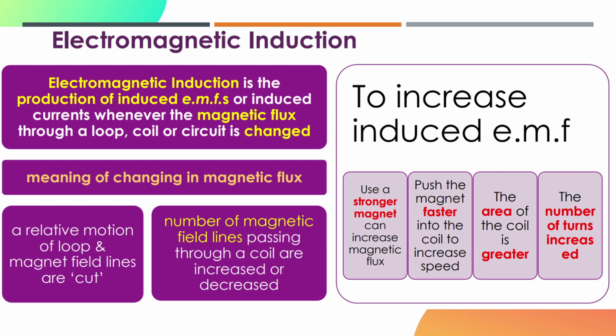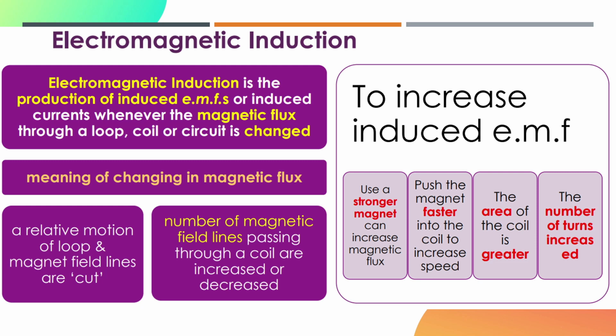Selain pada itu, you must know that the number of magnetic field lines passing through a coil is increased or decreased. So bila ada pergerakan loop tersebut ataupun coil bergerak, there is a different number of magnetic field lines passing through a coil or through a loop.